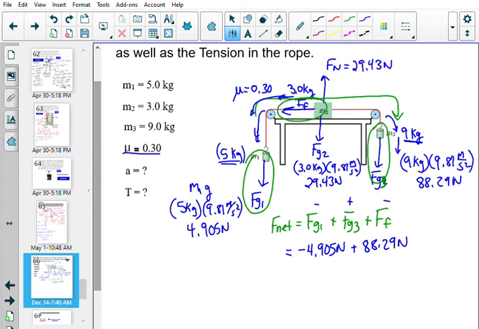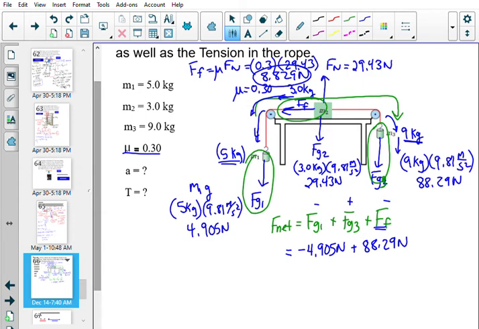They're equal and opposite. So then I can get Ff, because Ff is mu times Fn. So 0.3 times the 29.43, and that comes out to 8.829.